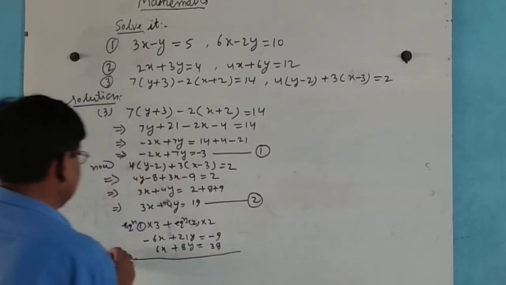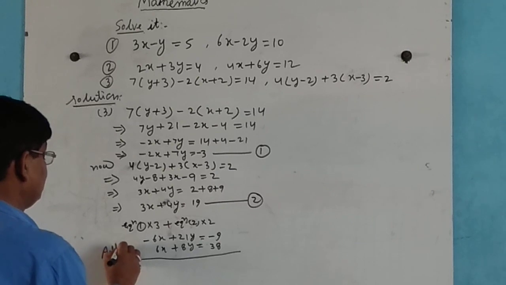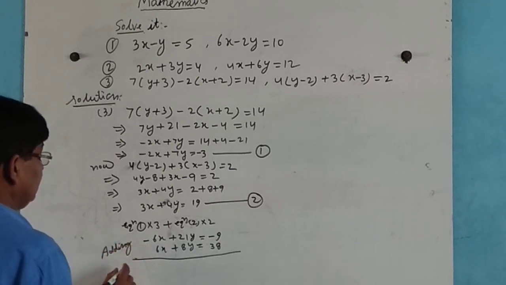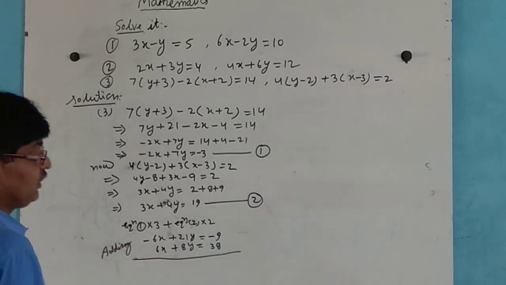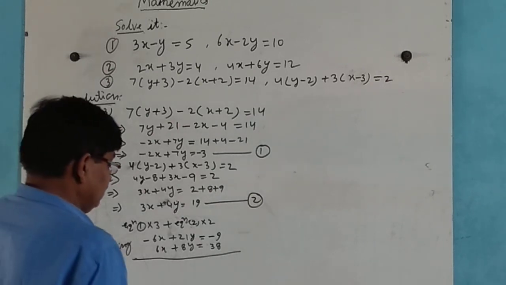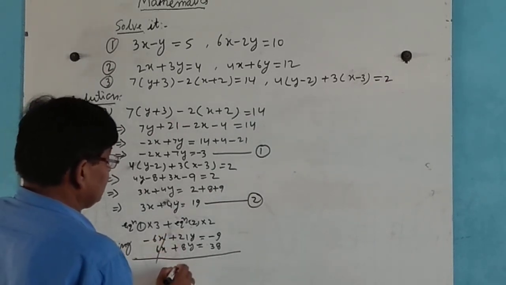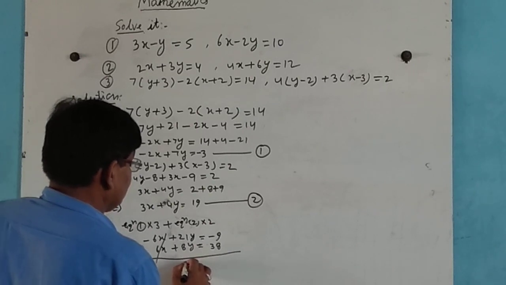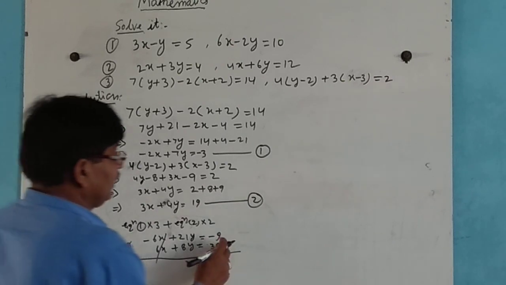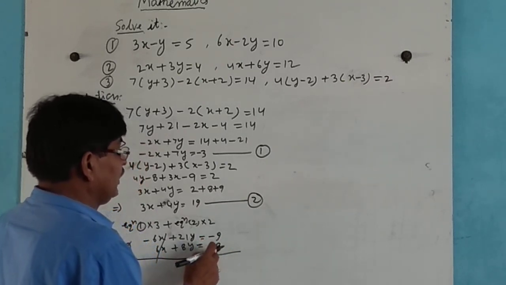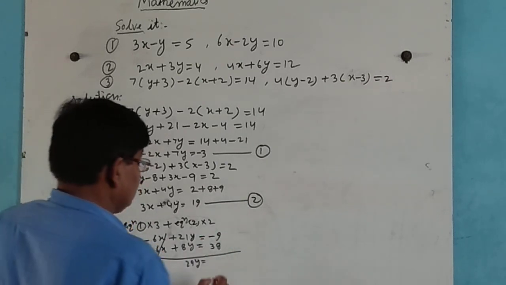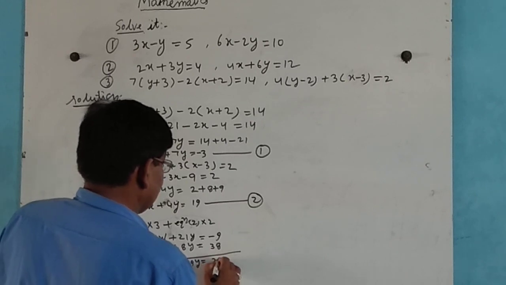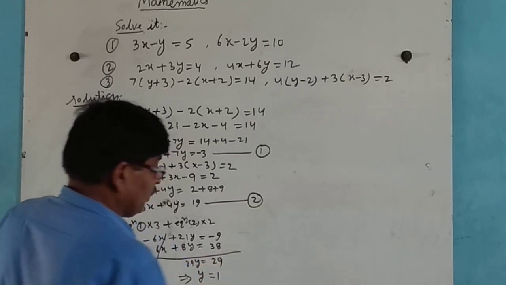Adding, in this case no change of sign. Now the 6x terms cancel and we get 29y equal to 38 minus 9, which is 29. This implies that y is equal to 1.